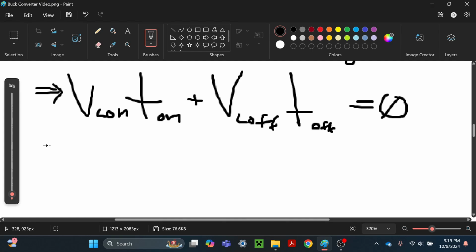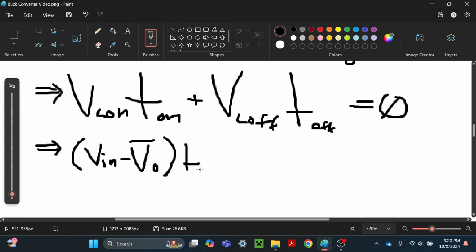So then if we keep doing some algebra, we can see that VL on, remember, is V in minus V out. This is V out average times T on plus negative V out times T off.